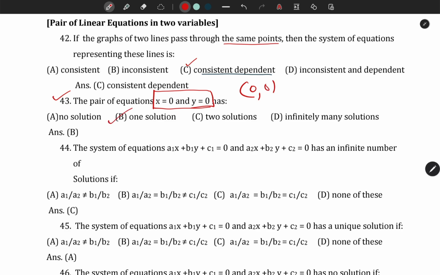And graphically, if you look at the graph of these two equations, x equals to 0 in fact means the y-axis, and y equals to 0 means x-axis. So y-axis and x-axis, they will intersect at the origin. So the solution is 0, 0. So the two lines are intersecting at one point, so it has one solution.